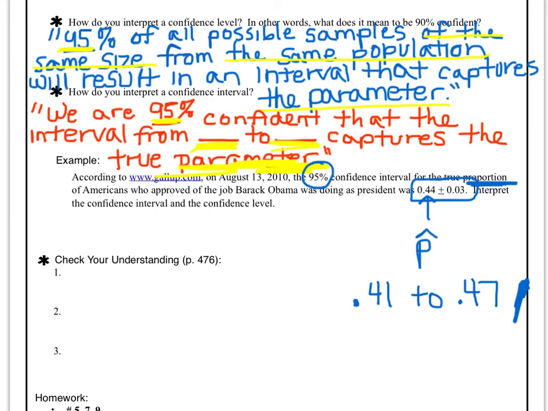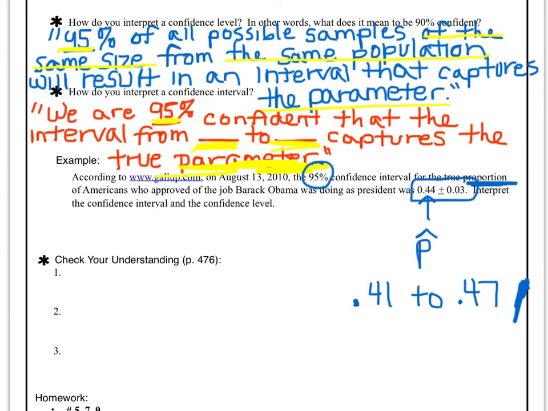So to interpret those, we interpret the confidence interval by using this right here. We are 95% confident that the interval from 0.41 to 0.47 captures the true proportion of Americans who approved of the job Barack Obama was doing as president.